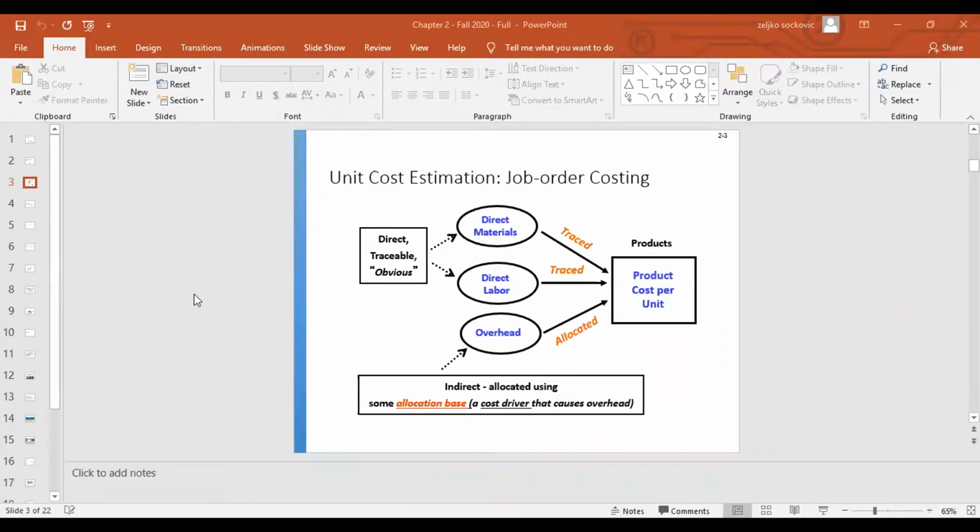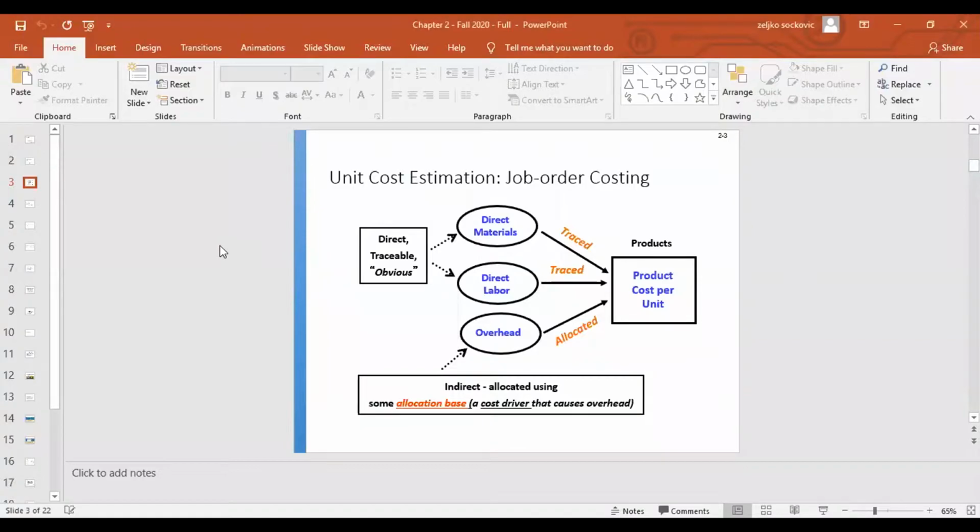So why do we pick machine hours and labor hours? Again, because it's traditionally been done that way too. In the past, of course, labor was doing most of the work, and now machines are doing most of the work. So those will be the allocation bases. So you can see you're averaging things here.